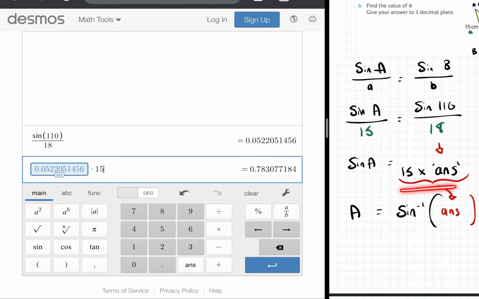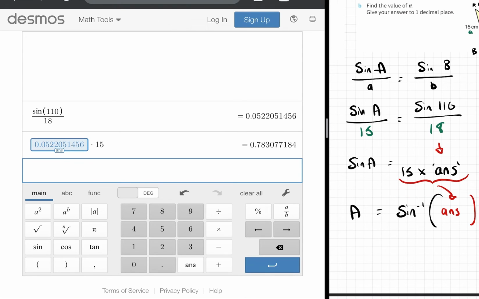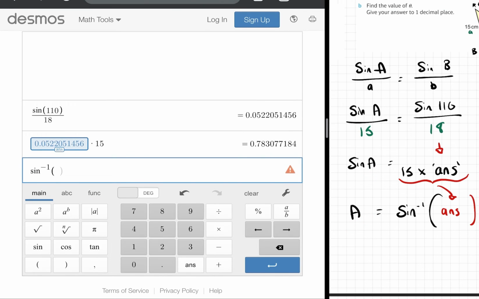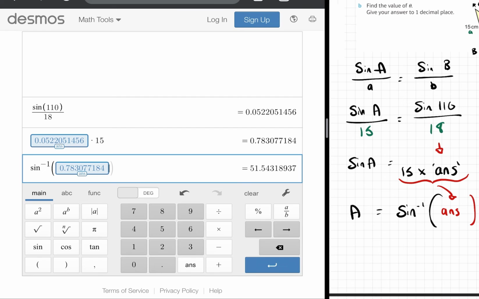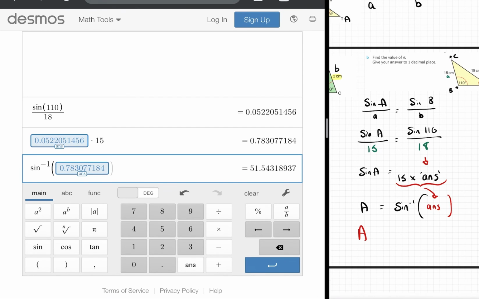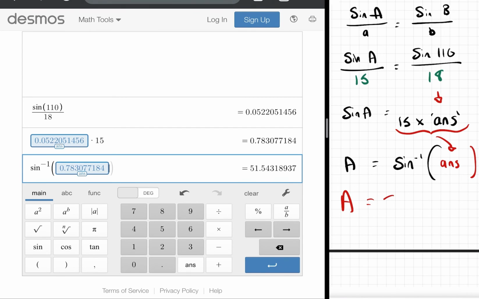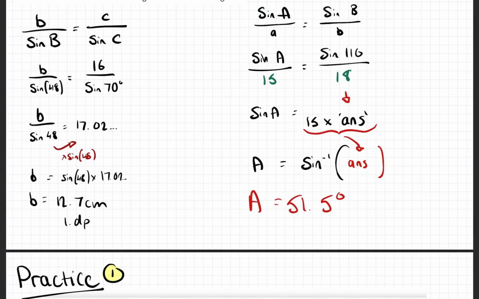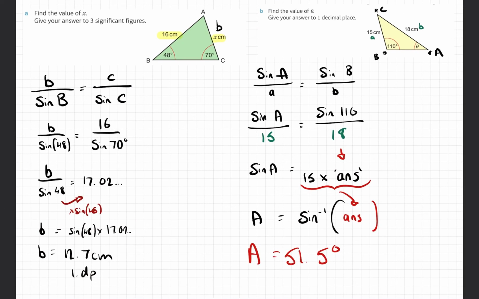That's the step I'm doing here. Great, we got 0.783. To get angle A, we go sine to the -1 of our last answer, and there we go. Angle A, to one decimal place, equals 51.5 degrees. Great, there we are. And that's how you find missing angles and missing lengths using the sine rule.